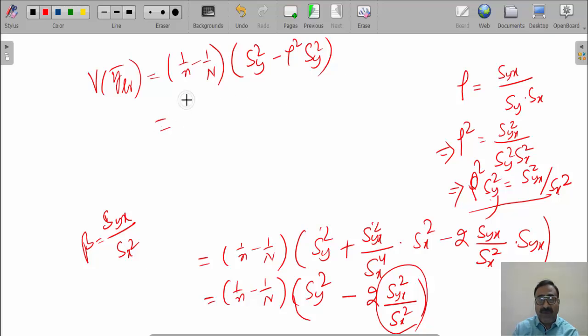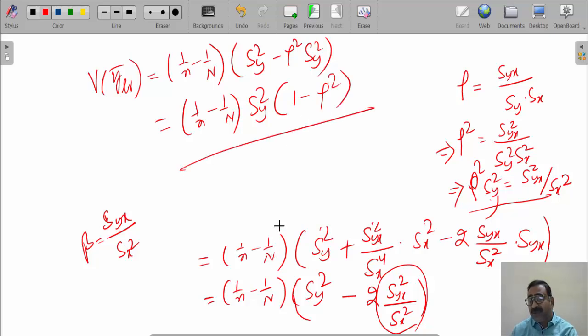So this will be equal to 1 by small n minus 1 by capital N sy square into 1 minus rho square, which is the variance of the difference estimator in its optimum case.